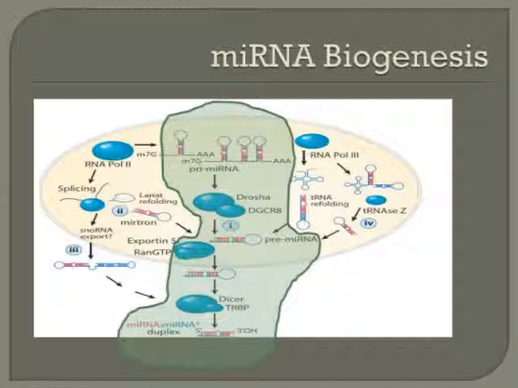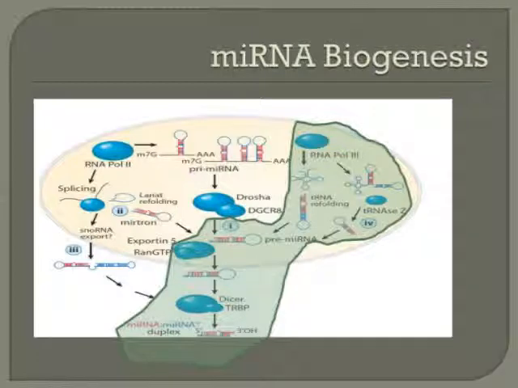The pre-microRNA or the precursor microRNA is then transported from the nucleus to the cytoplasm by a molecule called exportin 5. So this pathway is called the canonical pathway, and the later steps are common for all the pathways. I'm going to explain to you the other pathways apart from the canonical pathway, and then go to the later steps.